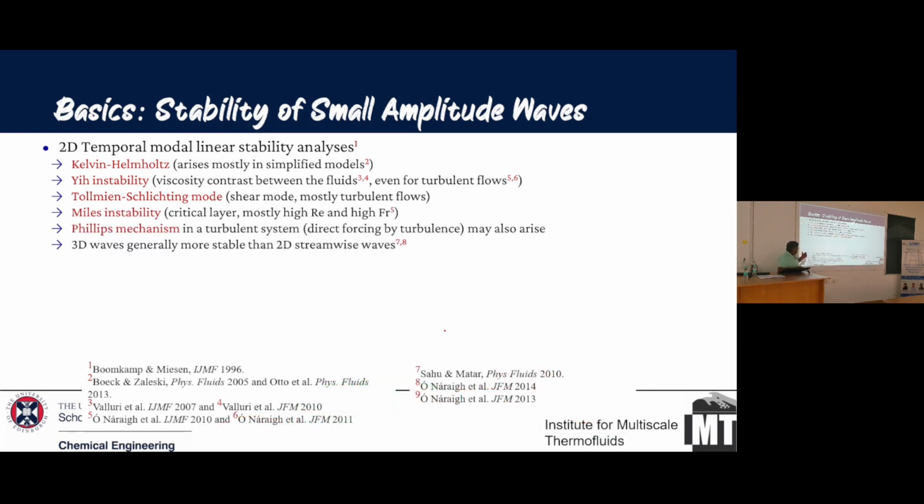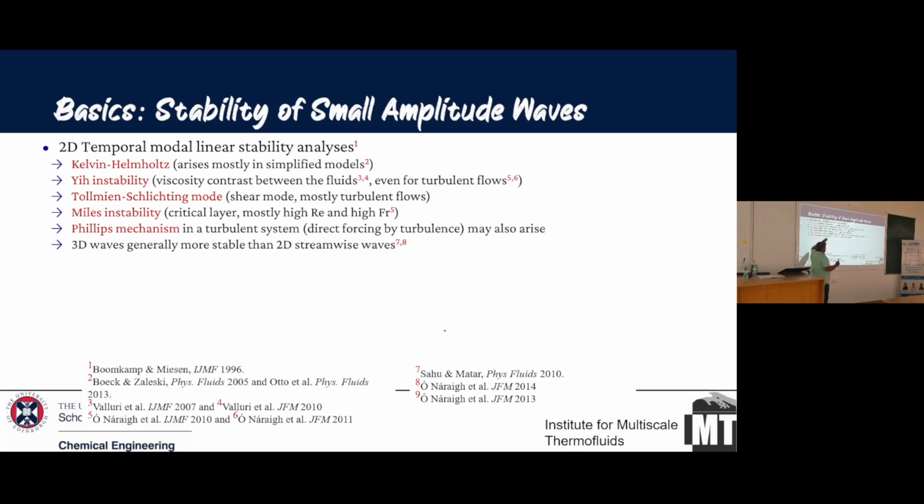The other thing is basically the different ways in which instabilities can kick off. If you have a two-layer system, with gas and liquid flowing through, sometimes you have another instability which kicks off from the wall. It's called the Miles instability.